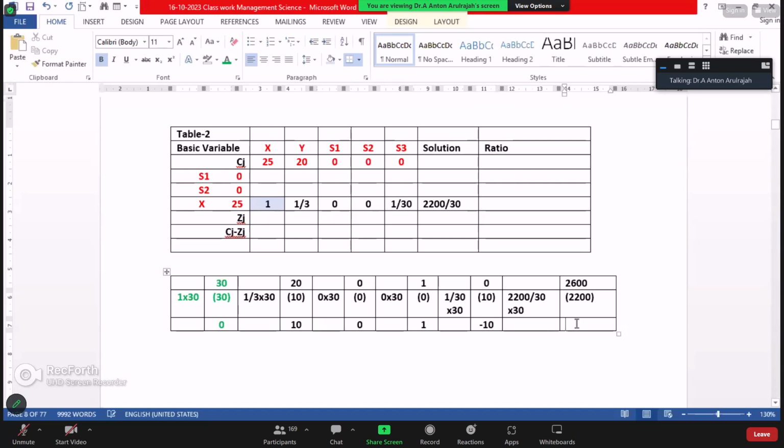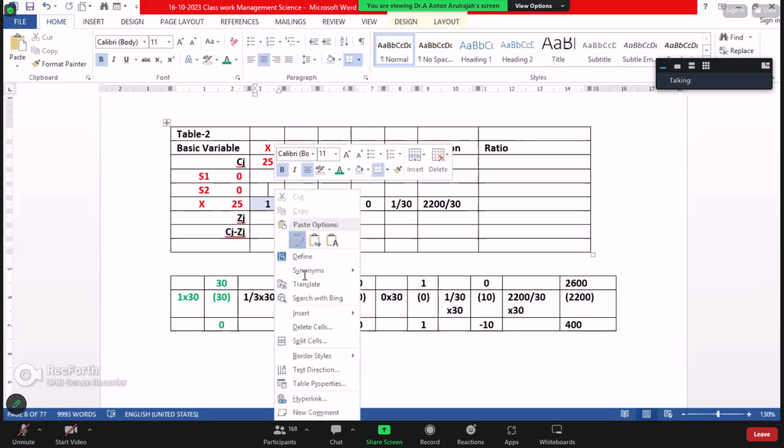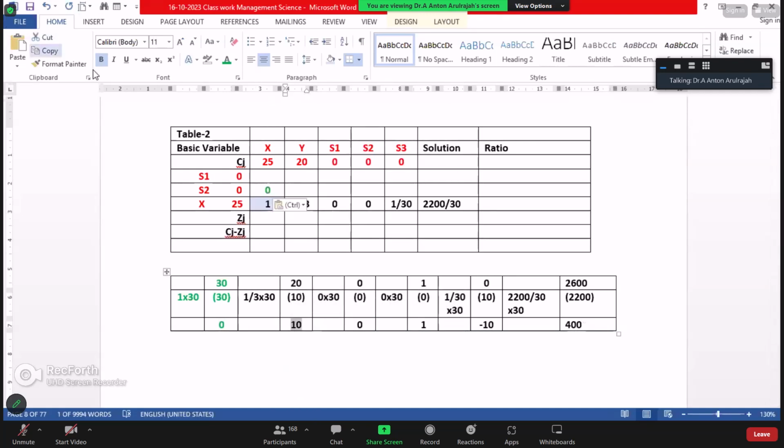Here 2600 minus 2200, that is 200. Okay. So now we have to put these values. We have to put here 0, this place 10.